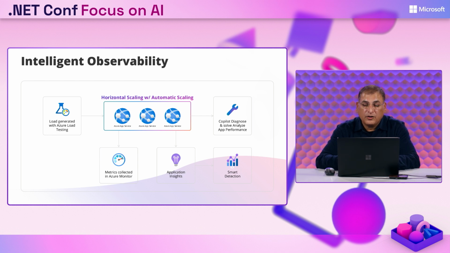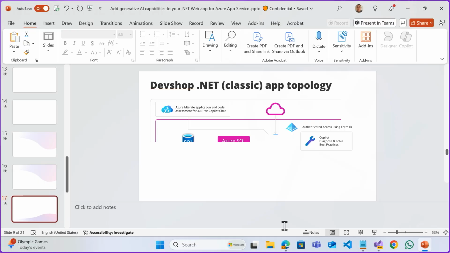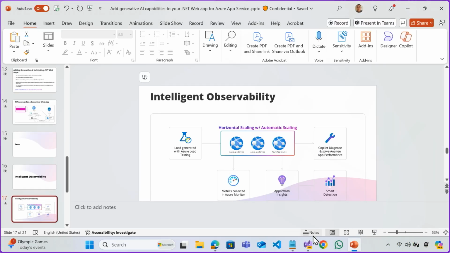Also, in my next demo, I'm going to talk about Azure Copilot. That's where the whole concept of intelligent observability comes into the picture. I'll showcase how you can use Azure Copilot to simplify how you diagnose and solve app performance or app errors. With that, I'm going to switch back to Visual Studio.